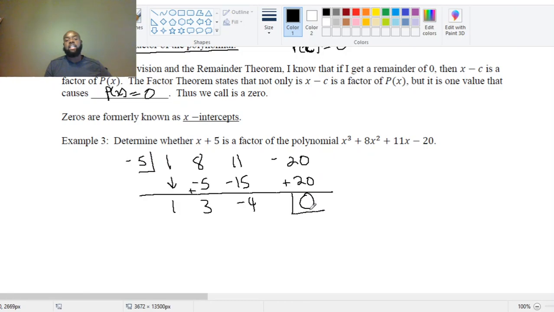When I do my synthetic division, I get a remainder of 0. And so since I get a remainder of 0, I know that x plus 5 divides evenly into this polynomial. So I'm going to say yes.